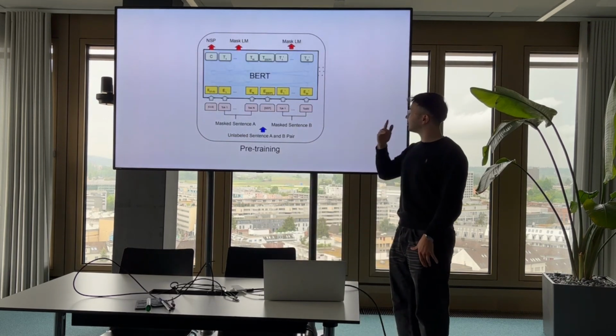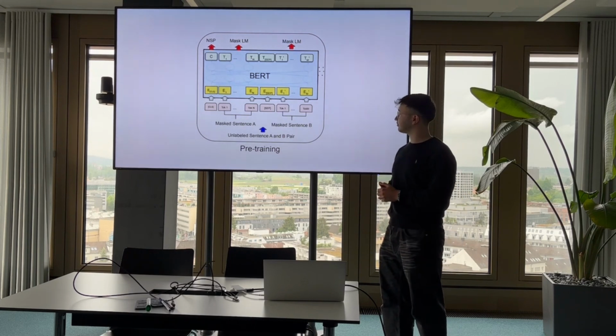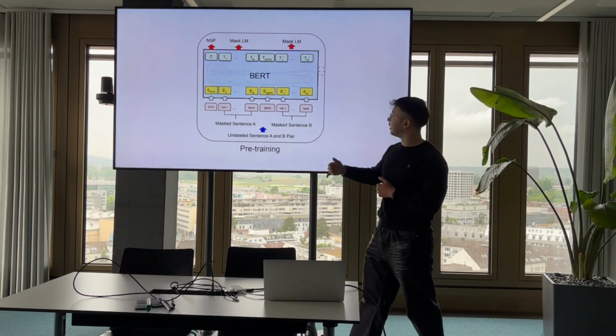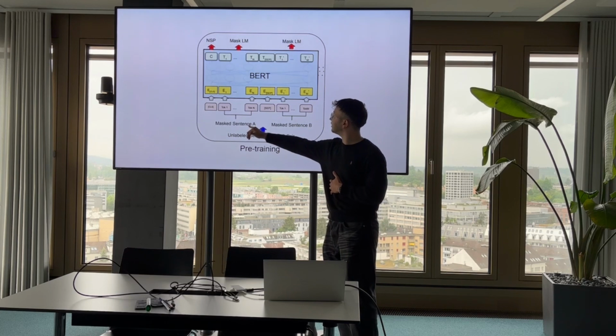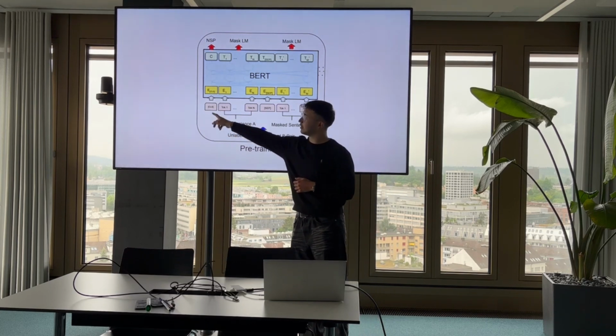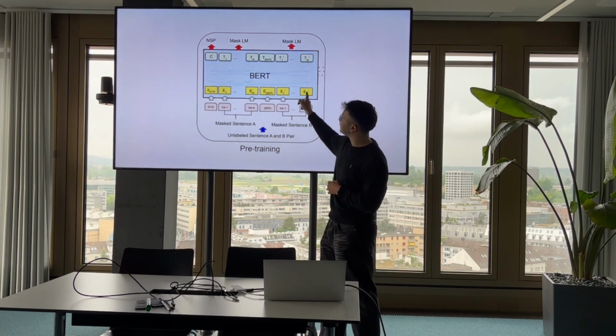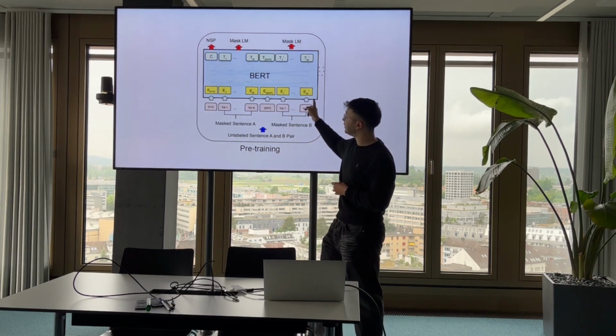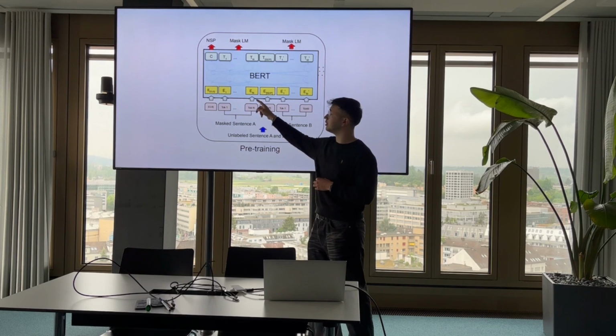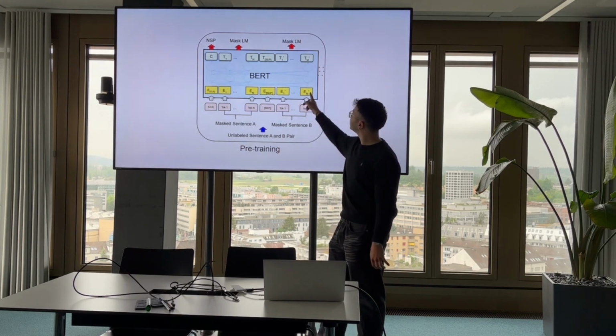This diagram shows the pre-training process very generally. So you have sentence A, a prepended classification token, and sentence B. Then you compute the initial input embeddings.